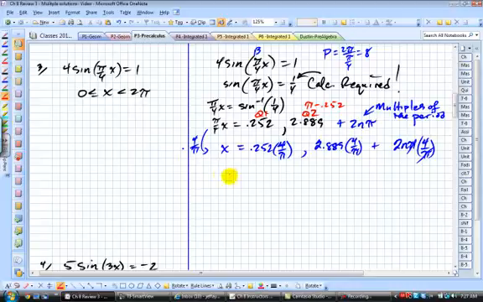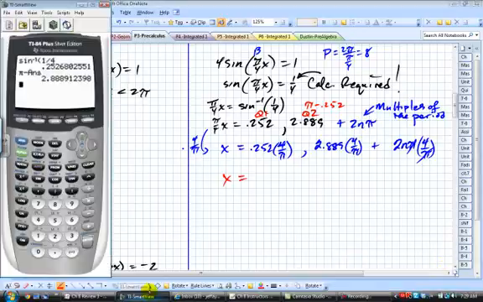Okay, so let's pull up the calculator and start working on this. My first solution is already up. All I have to do is times by 4 and divide by pi. Hit enter. I'm going to start working here first since this was already up on my calculator.